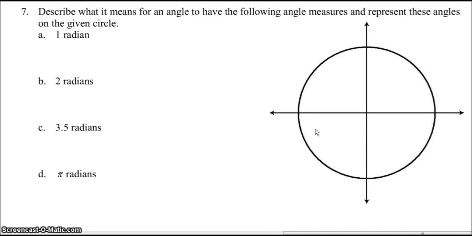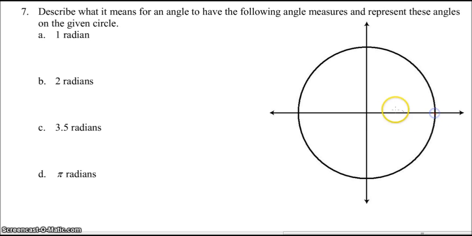Describe what it means for an angle to have the following angle measures and represent these angles on the given circle. So if an angle measures 1 radian, then, let's see, here's a length of a radius here from the center to the edge of the circle.